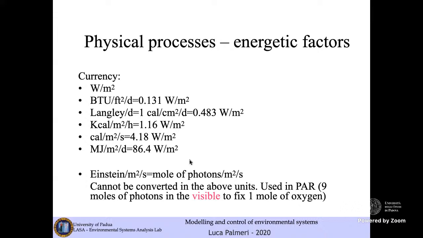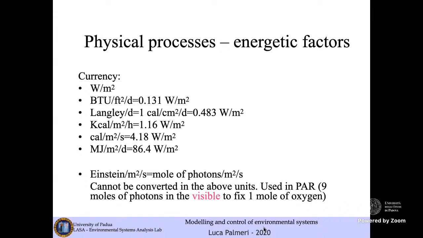You may recall that a mole is 10 to the 23 elements and so on, numbers of photons. So the Einsteins per square meter per second cannot be directly converted into the above units, because not all photons are equal, because photons are different in terms of their frequency.